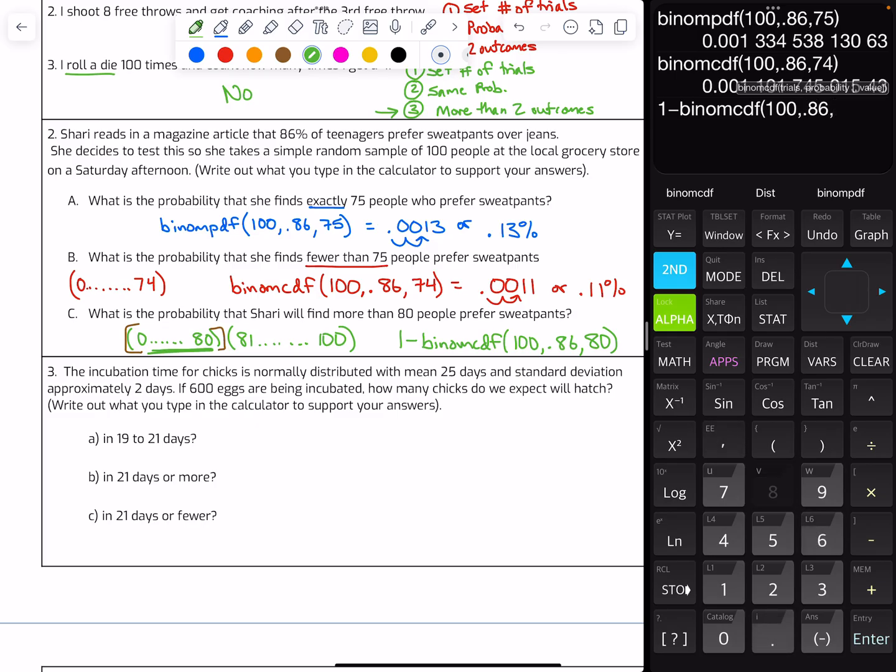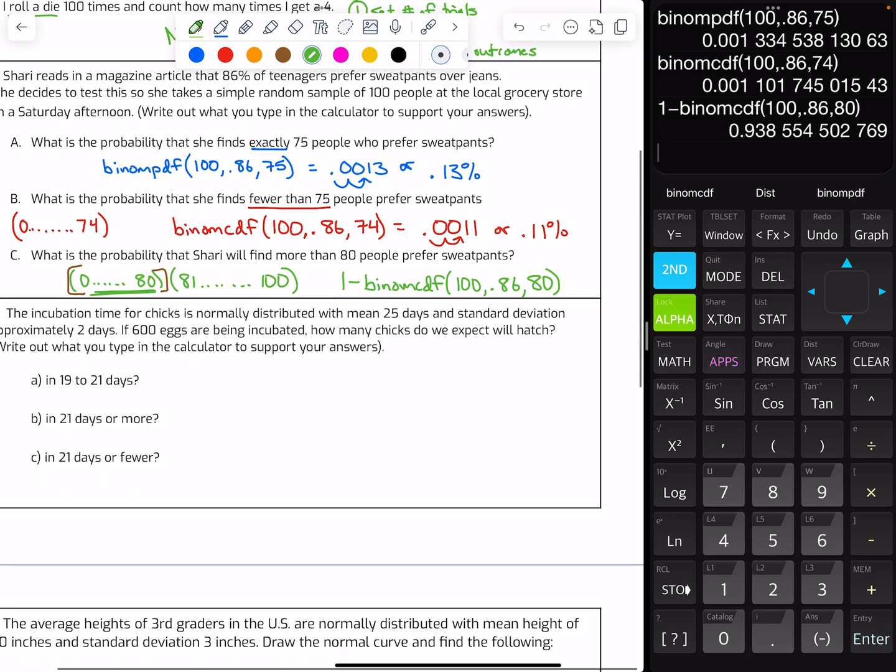And now we need our last number to be 80. Oops, I don't need the plus sign. And so we get 0.939 approximately. And you can definitely just leave it like that. Or if you did need to move it over to make it a percent, it would be 93.9%.